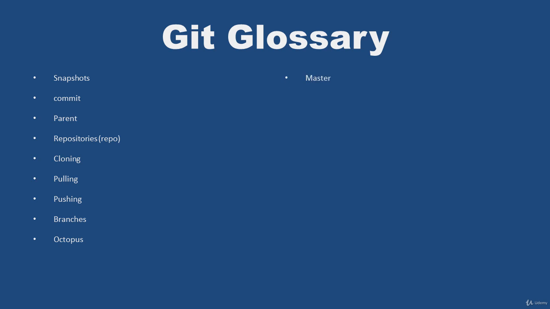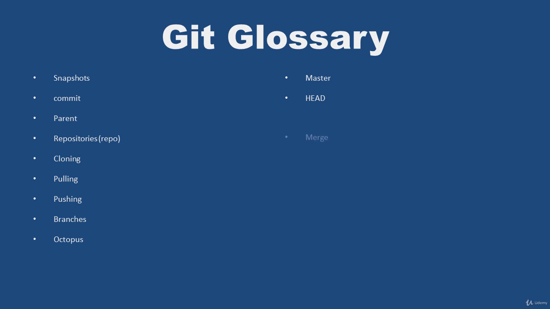Master basically is the default development branch. Whenever you create a Git repository, a branch is named master. The master is created and becomes the active branch. The next word we want to look at is the head. The head basically is a reference to the most recent commit.